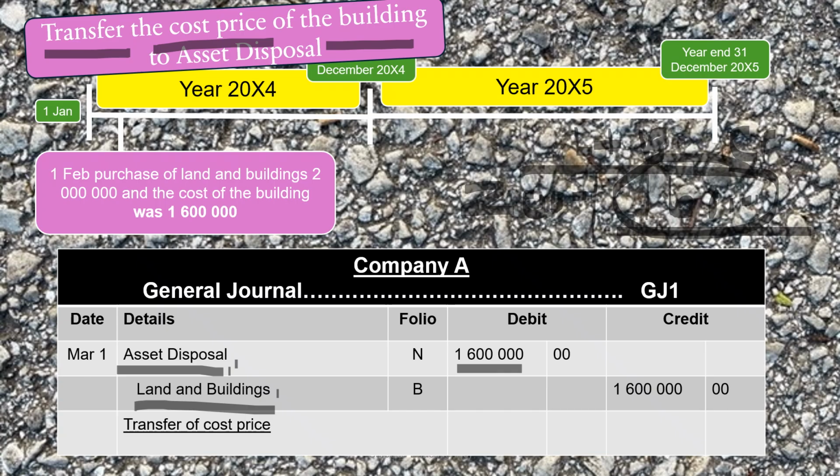So in asset disposal, you're going to have 1.6 million. Land and buildings now, if you balance this here, would have a balance of 400,000, which was just the land. So we're transferring the cost price of the building that got burnt down to asset disposal.